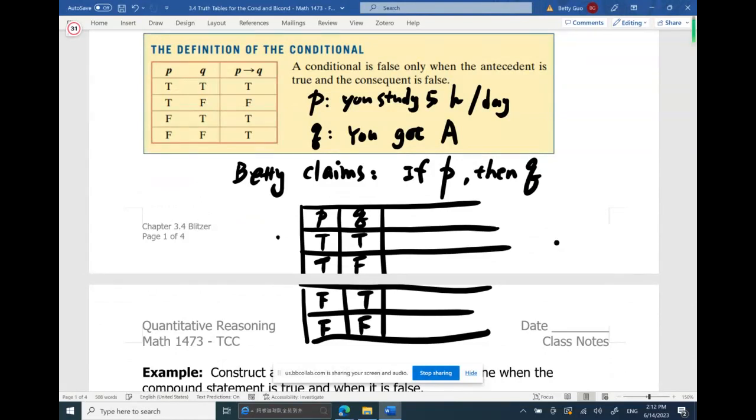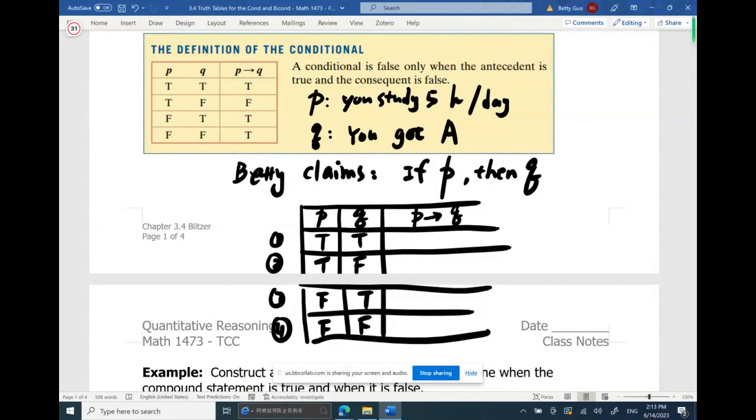Let me label the 4 cases 1, 2, 3, 4. And we are trying to figure out the truth value for this conditional statement P implies Q, if P, then Q. You are going to judge what the professor claims, true or false, logically.